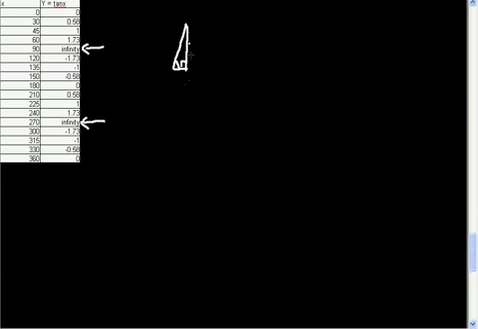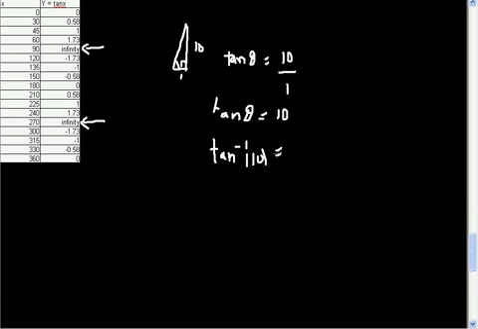If the opposite side is 10 and the adjacent side is 1, then tan theta is 10 by 1, which is 10. So theta is the tan inverse of 10, which is approximately 84 degrees. It's not quite 90 yet, but it's 84 degrees.